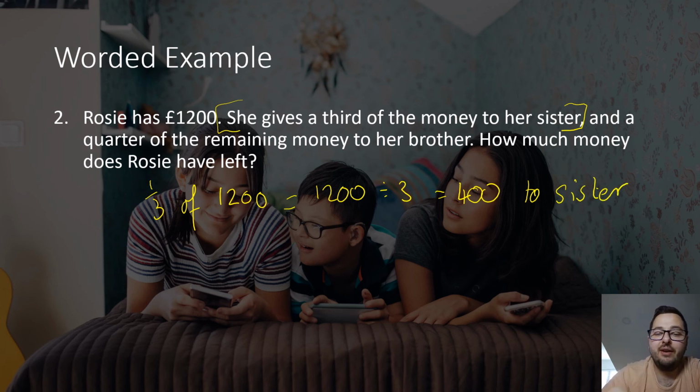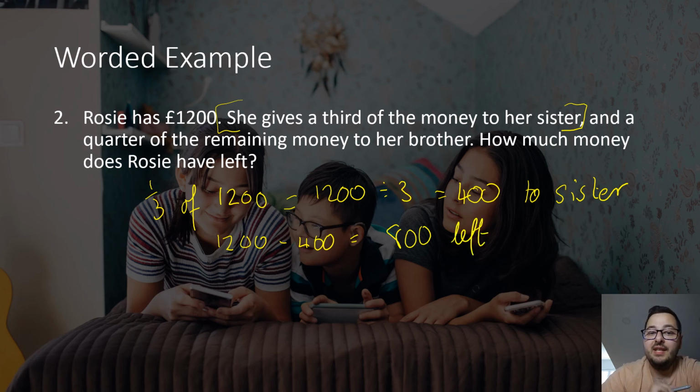Okay, so then we need to figure out what she's got left. That's going to be 1,200 take away 400. So she's got 800 left. Now the next bit: she gives a quarter of the remaining money to her brother.